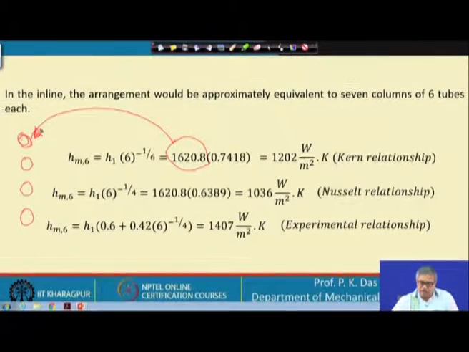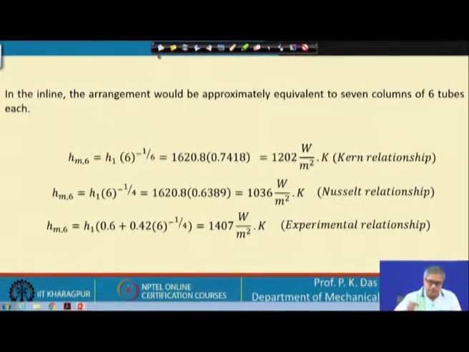Then we use Nusselt's relationship. Nusselt's relationship gives around 1000, and then there is a correlation predicted from experiment. That also we use and we get something around 1407. So, we can see Kern's relationship is in between the other two.